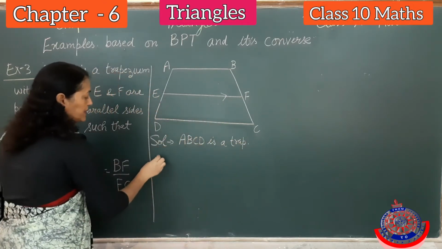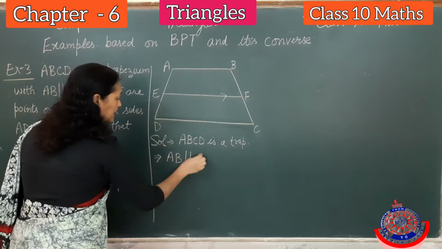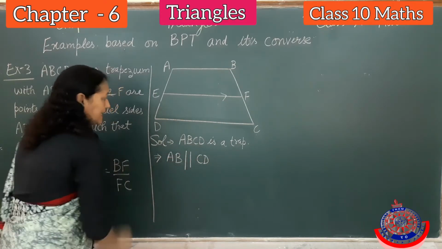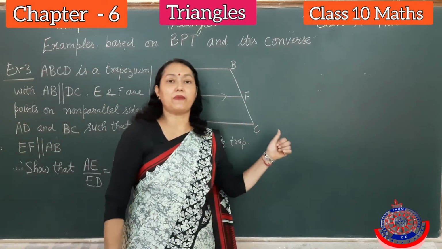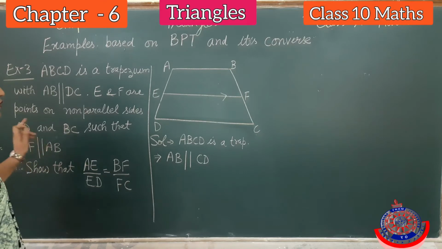According to the definition of a trapezium, two sides are parallel, meaning AB parallel to CD. And they have given us that EF is parallel to AB.